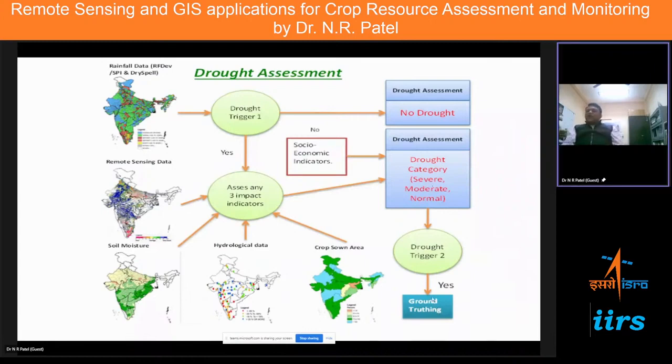So this is the new manual which is practiced nowadays. Many states have implemented it online. Those who don't have access to information can visit the MNCFC site, where you can get all this NDVI data set. You can get the rainfall data set for your district, and you can do this kind of drought monitoring and finally develop the drought indicator.